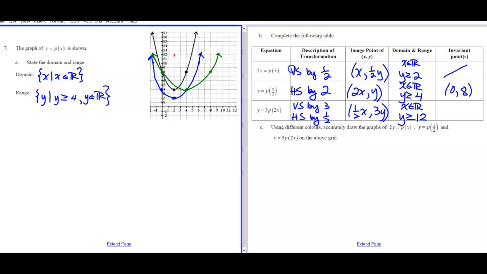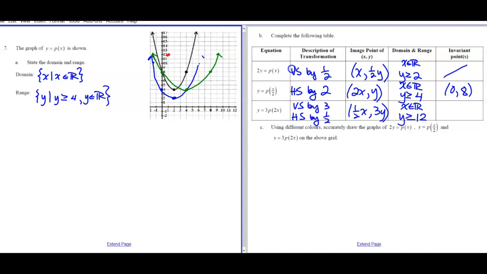So 12. Oh, sorry. Do the x's as well. So here, sorry, I've got to do both stretches. So x value of 2, stretched by 1/2 is 1. Y value 4, stretched by 3 is 12. Okay. Take another point.